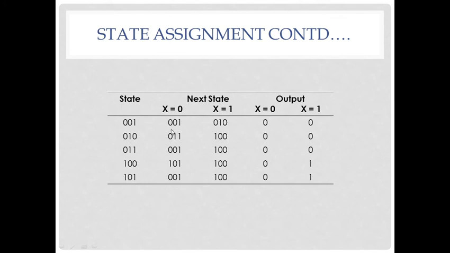So if x is 0, then A remains unchanged, so therefore 001. If x is 0 and the input state 010 is given, then my output becomes C, so it is 011, and so on. I've just replaced A to E with binary values from the state assignment, and my input-output has remained the same.